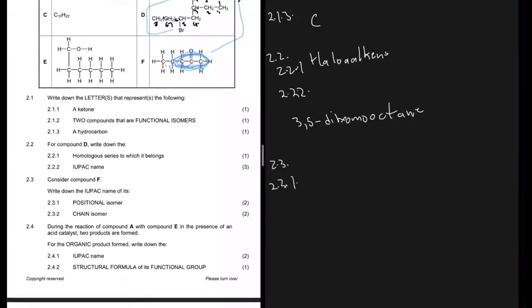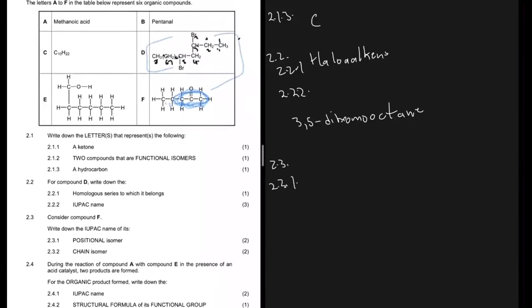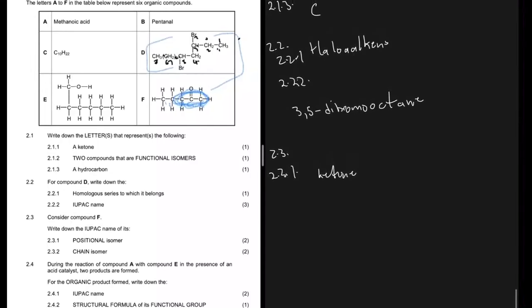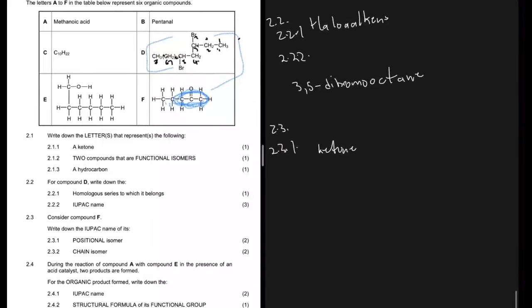Let's move ahead. 2.3, 2.3.1. 2.3.1 says consider compound F. Compound F is a ketone. Then it says write down the IUPAC name of its positional isomer. Okay, so positional isomer: same molecular formula, but different position of the functional group.